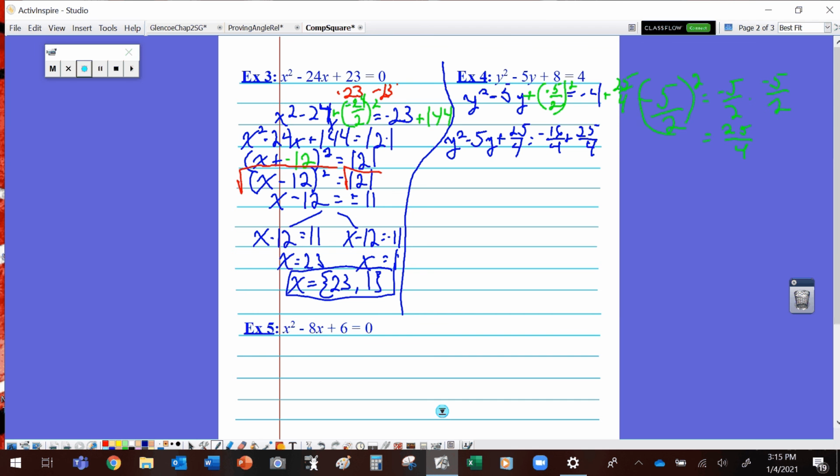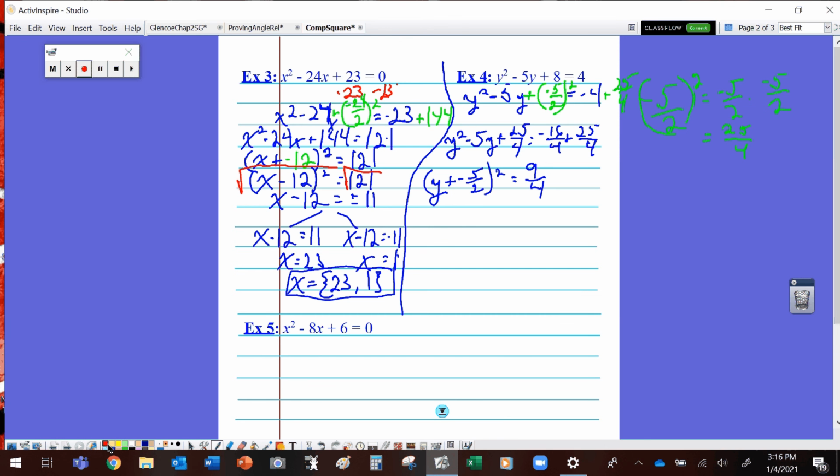Now, on the left side, I can factor this, and it's always going to factor exactly the same way. Y instead of x this time, plus whatever was in these parentheses before we squared it. So that was negative 5 halves. Quantity squared equals negative 16 plus 25 over 4 is going to be a positive 9 over 4.